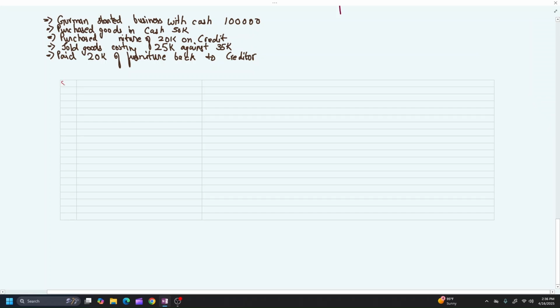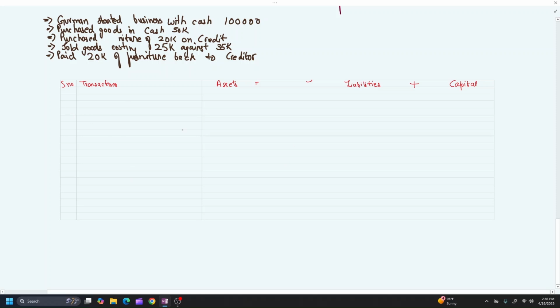S number, transactions, assets is equals to liabilities plus capital. This is how the format you have to draw as well.